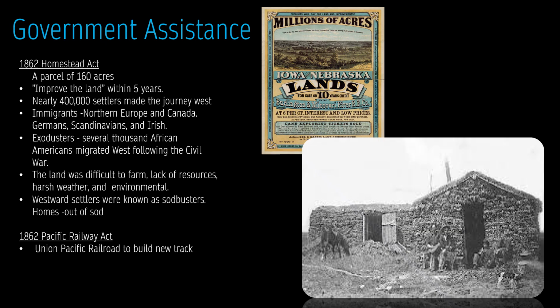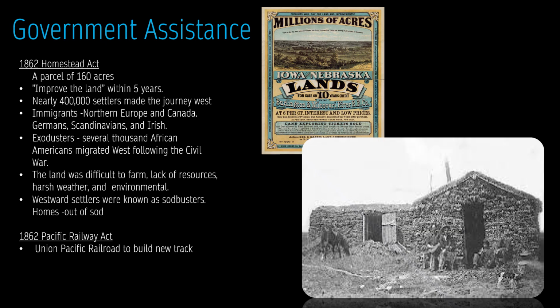So, although there's all this promise and hope of moving west, the very harsh reality is that it's a very hard land to try and farm. If you look down at the picture, that's a sod hut.